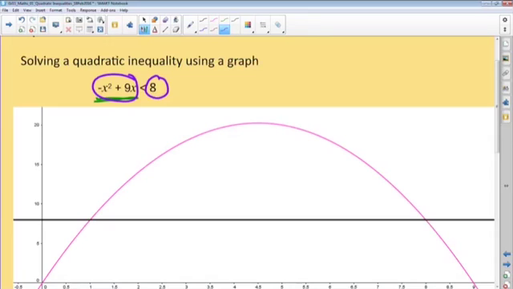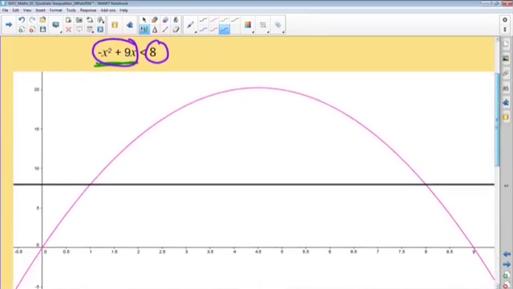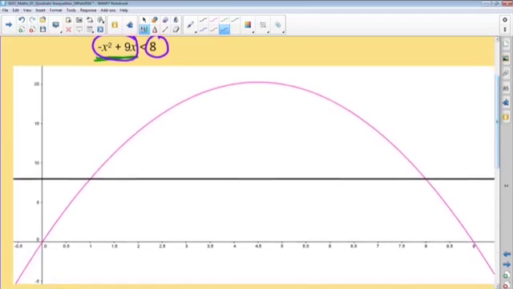So what we do here, we've got two graphs. There's a parabola, which is this, and then this is your straight line. Okay, now what does the less than mean?